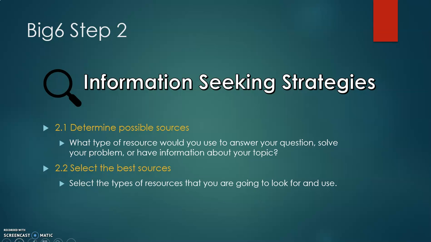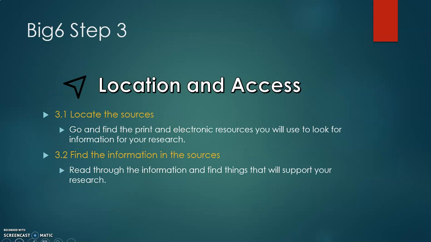Would it be an encyclopedia or an almanac or an atlas or an index? What sort of resources would be the best match for your information need? And then the second part is for you to select those types of resources that you're going to look for and use. So you're thinking about all the resources that you have available and then deciding which would be the best resources for you to use as you go through your process.